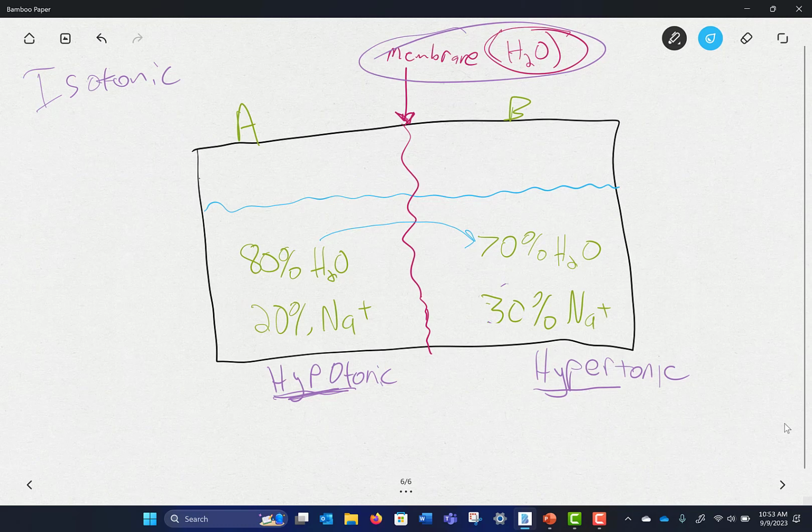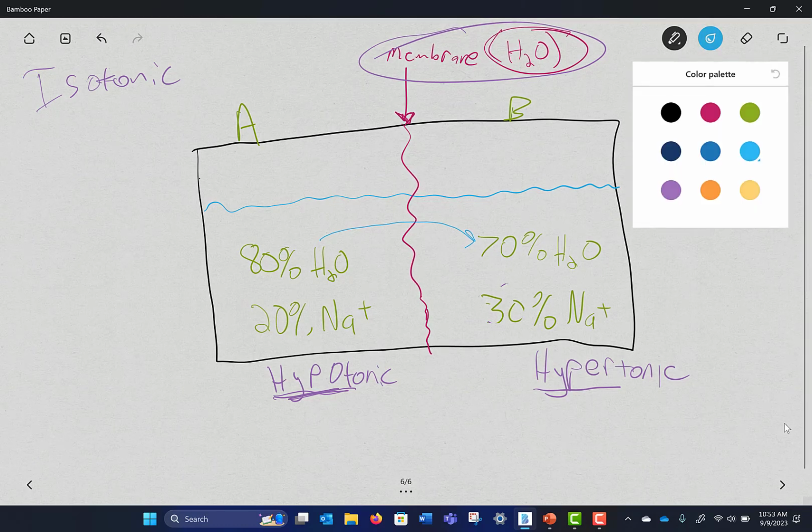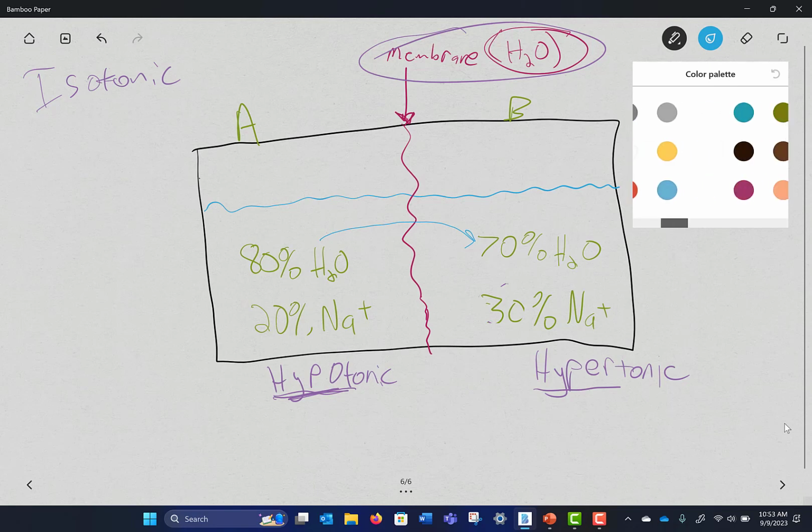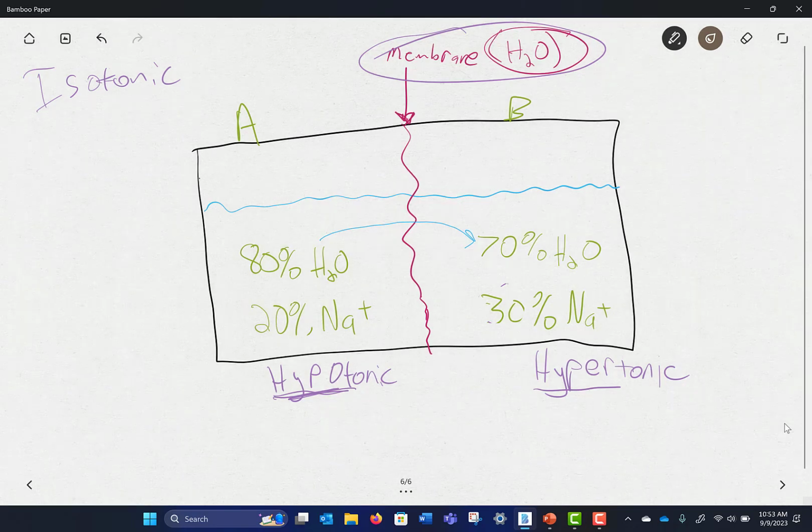Yes, water moves from solution A to solution B. But the reason that it does that, and if you ever move on, you will always know the students that had me, because I'm going to teach you something that will help you to remember this. And it will always stay with you. It's easy to remember.